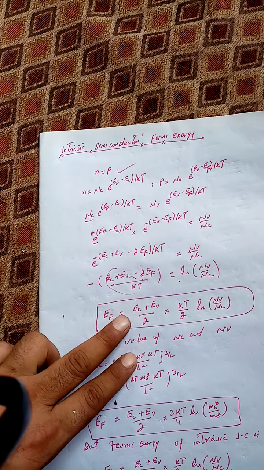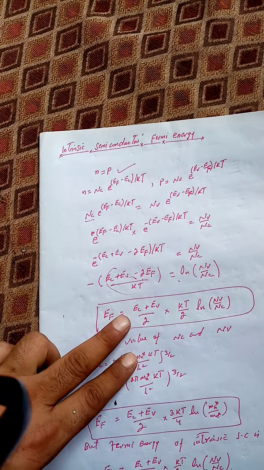So we have these two relations, which I will write here. EI is equal to EC plus EV over 2 plus kT over 2 ln NV over NC. And the other relation is EC plus EV over 2 plus 3kT over 4 ln mh star over me star.